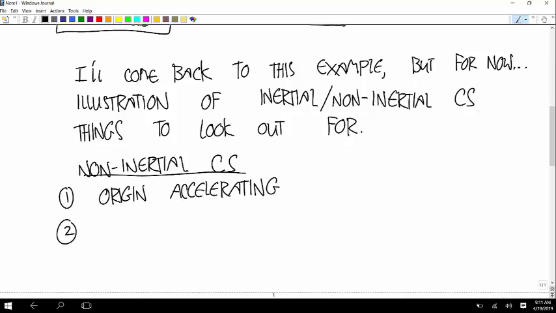That means that over time, the axes are changing orientation. And these aren't mutually exclusive, so you also have to consider the possibility that you have both of these things going on. This first one is easier to deal with. If the origin's accelerating, you're just going to use the relative motion equations.